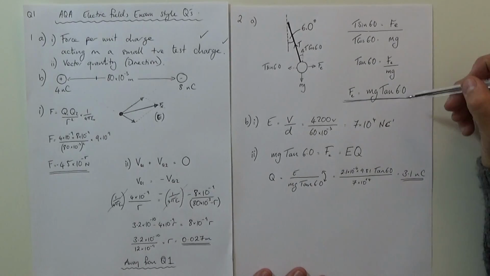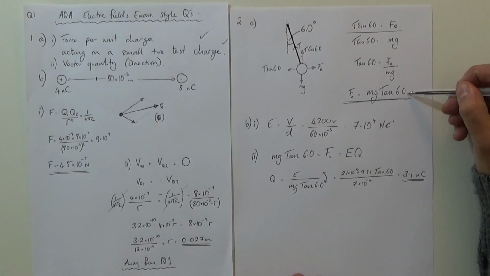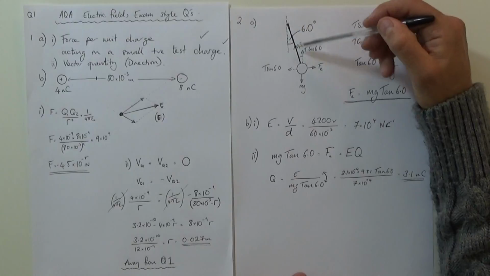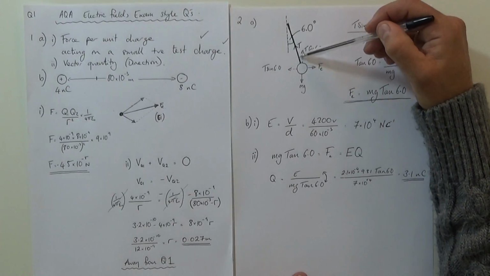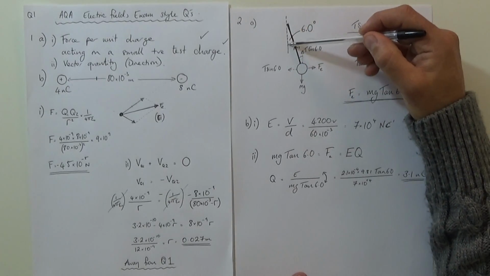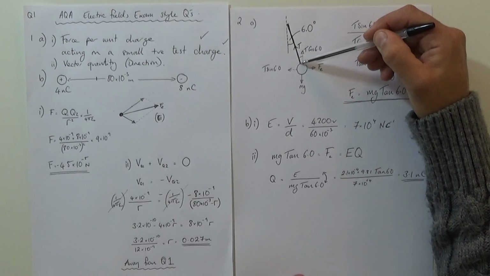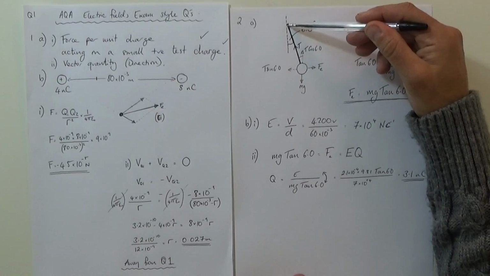It asks you to show that the force was given by mg tan 6.0. So you need to set up a little drawing like this. There's our string. The angle that it makes from the vertical is 6.0 degrees. Therefore, the tension runs along the string.